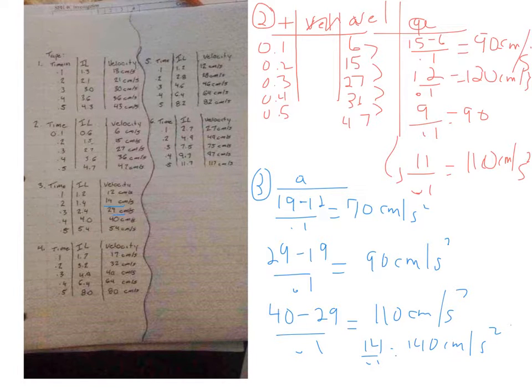Now, this one looks like it is going up, but just because all we're changing is the ramp angle, I'm kind of suspicious here that maybe this one shouldn't be going up as a curve. Your acceleration is increasing.